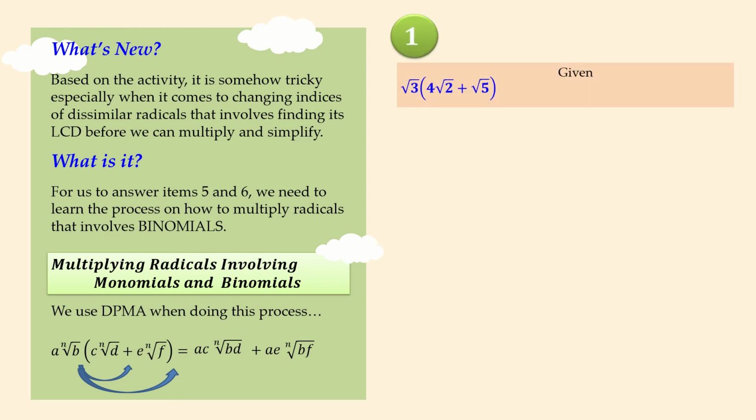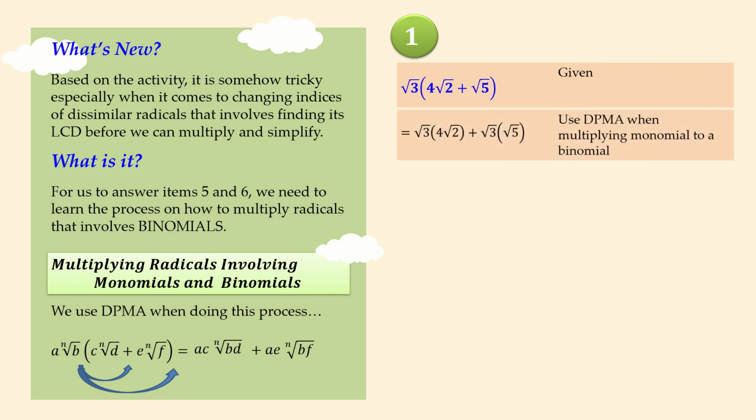Okay, start with example number 1. The monomial square root of 3 times binomial 4 square root of 2 plus square root of 5. That is our given. So we use distributive property of multiplication over addition when multiplying a monomial to a binomial.